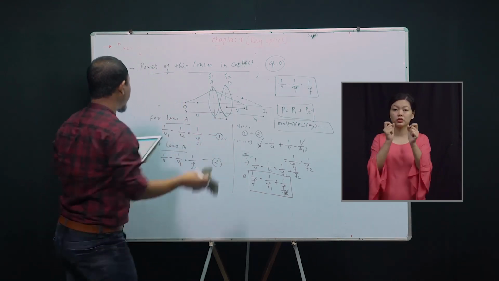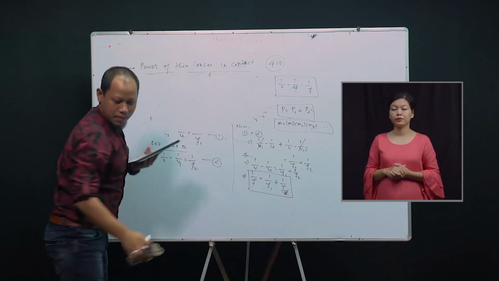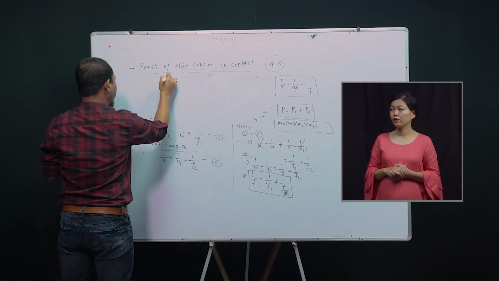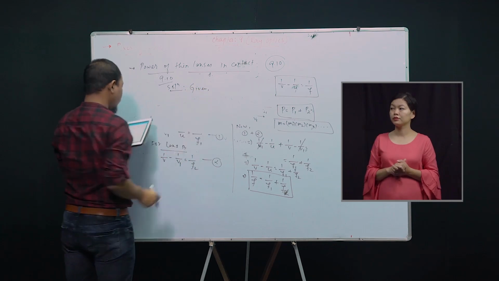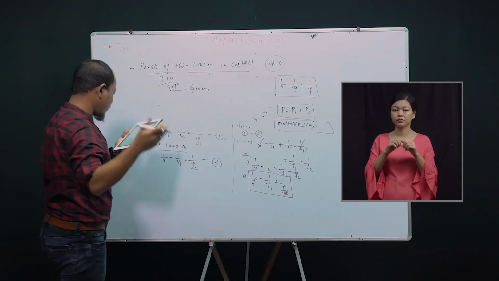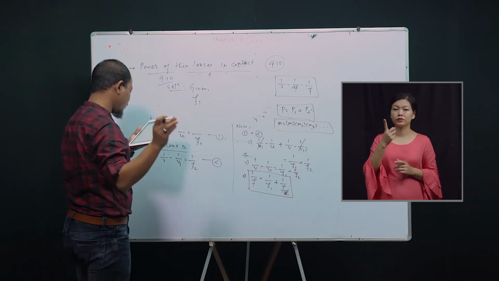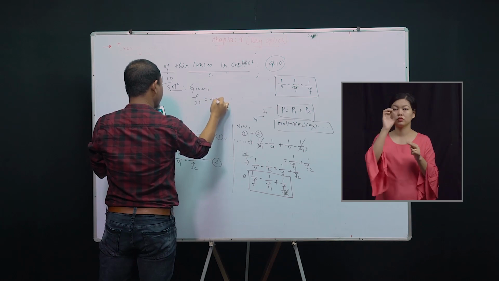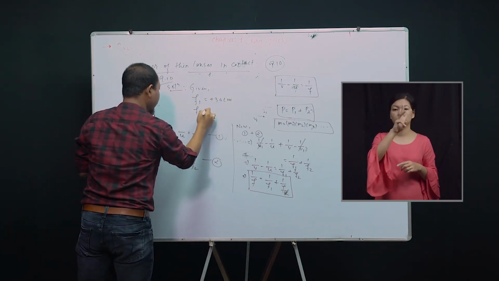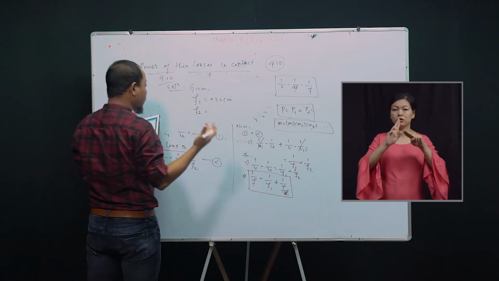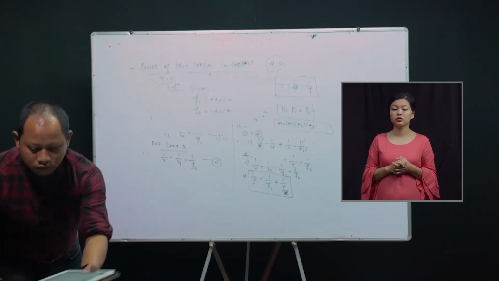Let's write what is given first. Solution 9.10. Here we have combined a convex with a concave lens. I'll take the first focal length as f1. This is convex, so it is plus 30 centimeter. Next is concave, so I'll take this as f2, and since this is a concave lens, its focal length is minus 20 centimeter.